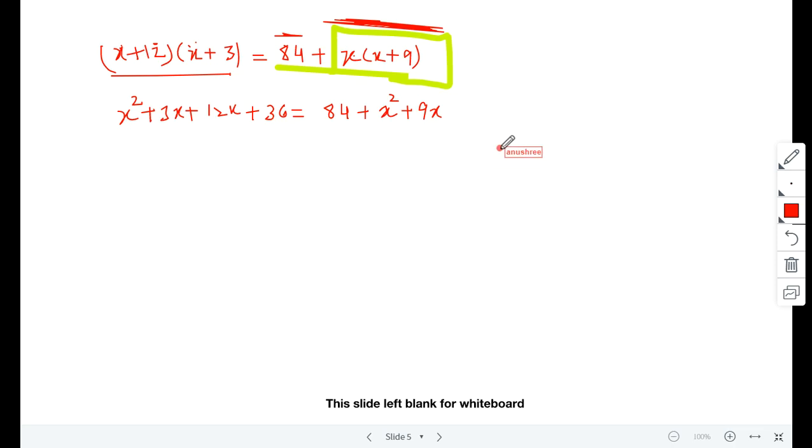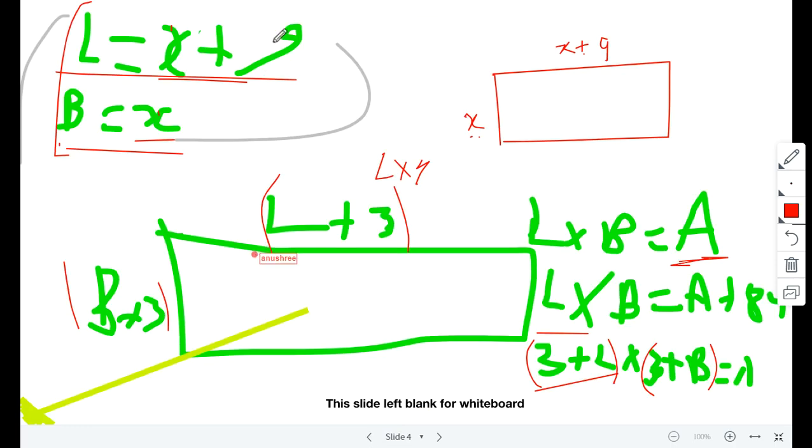Yeah, I understand that, but I still don't understand why there's. First tell me, it's given that the length of the rectangle exceeds its breadth by 9 centimeters. That means breadth is x and length is 9 plus x. Is this point clear? You yourself wrote here, even I haven't told you, that breadth is x and length is x plus 9, right?